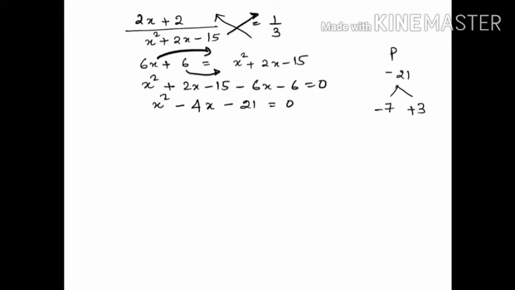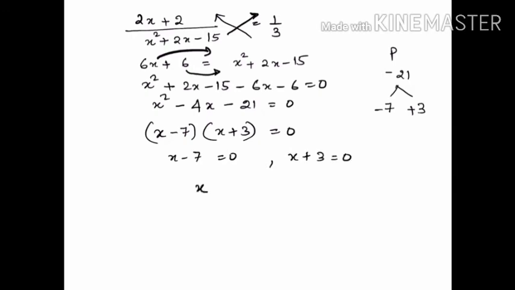That will give a sum minus 4 and product minus 21. So the factors are x minus 7 and x plus 3. Equating each bracket to 0, we get x equal to 7 and x equal to minus 3.